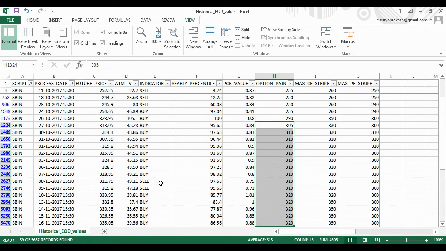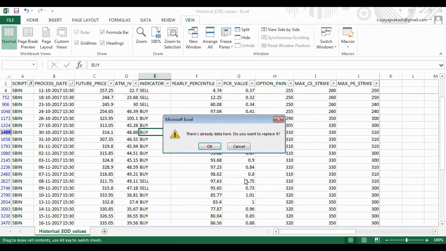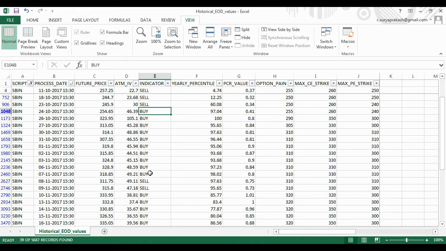Another important factor is the indicator. See the beauty of the indicator, it's saying buy at this point in time, and it keeps on staying in buy mode. And when there is a shift, when there is too much deviation, at one point we are starting at 254 rupees and we are buying.